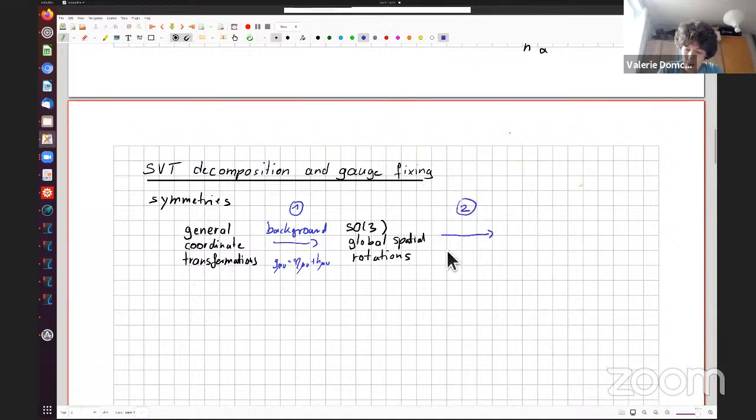So the second step is essentially to do a Fourier transformation, which singles out one particular direction k. Then with respect to this particular direction k, one has an SO(2) symmetry, which describes the helicity eigenstates with respect to this vector.